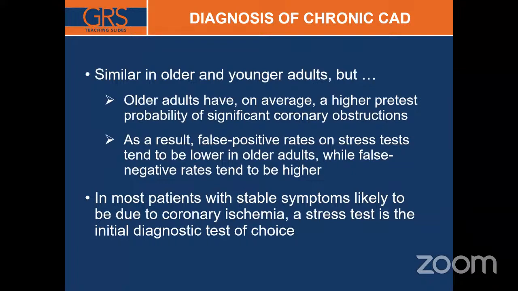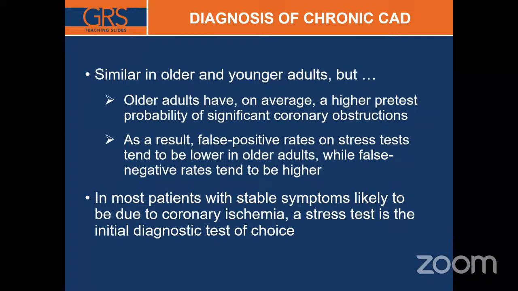We're going to move to diagnosis of chronic coronary artery disease. In clinical practice, diagnosing coronary artery disease poses distinct challenges across different age groups. Notably, while the symptoms of coronary artery disease may present similarly in both age groups, older adults typically exhibit a higher likelihood of having significant coronary artery blockage prior to testing.